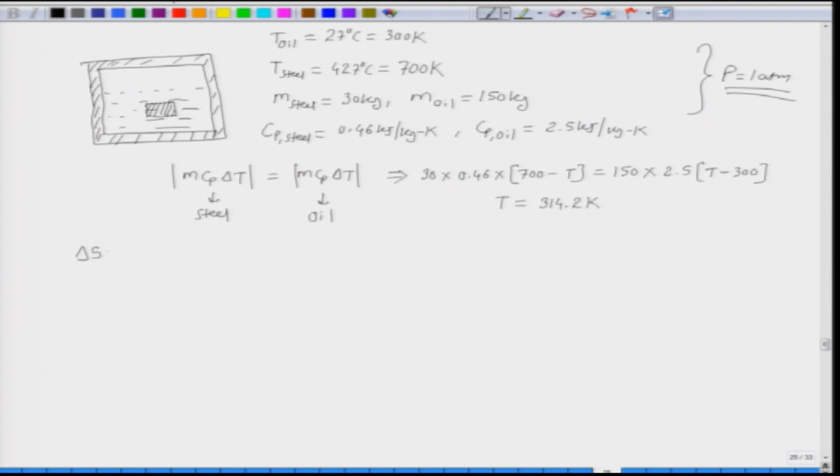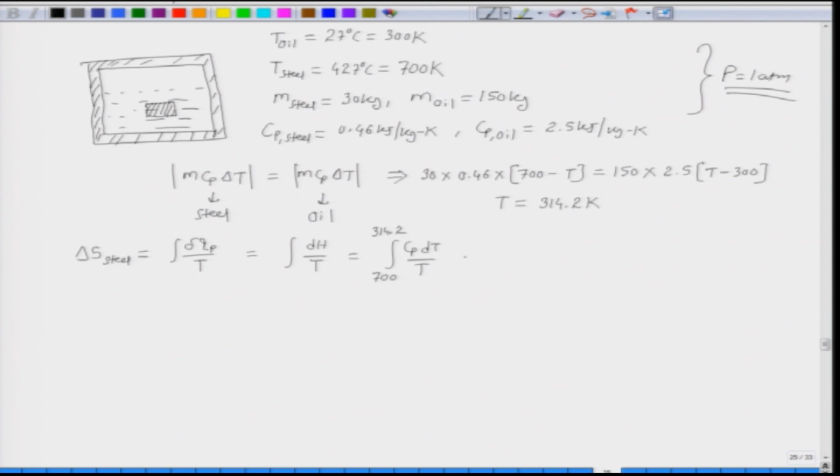So, for steel you can write delta S steel is equal to integral delta Q by T, and we know pressure is constant, and so delta Q is Q_P, heat absorbed at constant pressure. So, that should be equal to integral dH by T or integral Cp dT by T, and we know the integral is from the initial temperature of steel, which was 700, to the final temperature, 314.2.